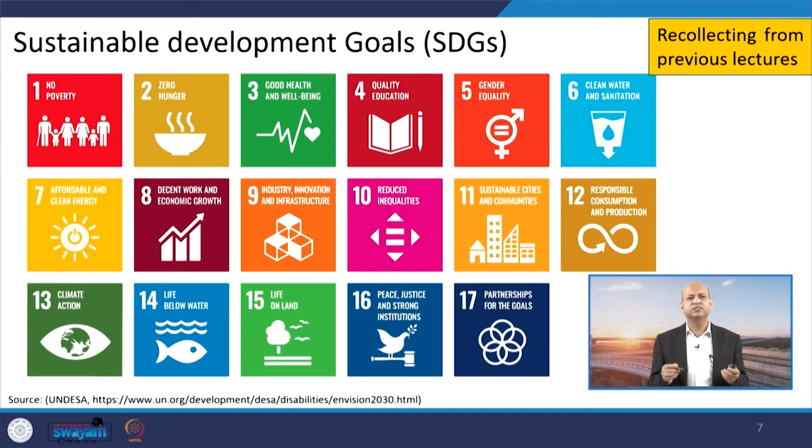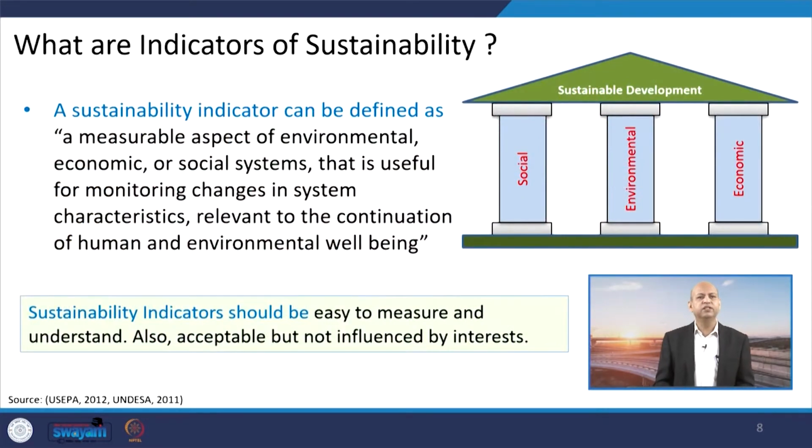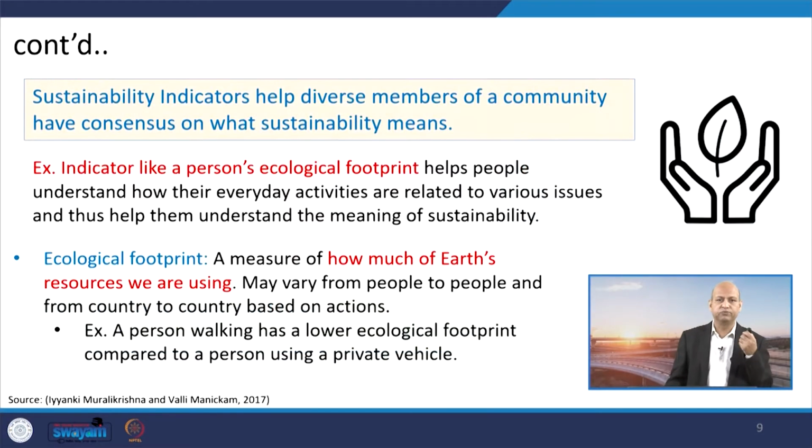So, sustainable development goals are related to all kinds of activities which influence our quality of life. Then when we talk about the indicators of sustainability, we mainly focus on three aspects, social, environmental and economic, and we will talk about these aspects in different ways, but their integration is very important when we want to achieve sustainable development.